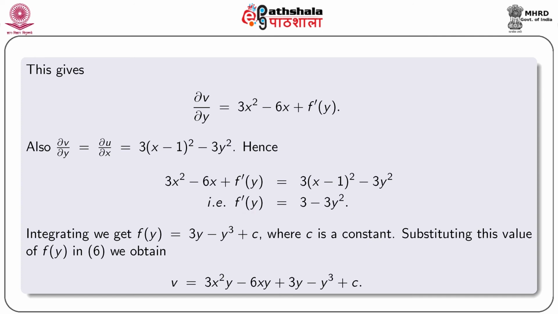So, integrating we get f(y) equal to 3y minus y cube plus c, where c is any constant. So, substituting this value of f(y) in number 6, we obtain our required function v as 3x square y minus 6xy plus 3y minus y cube plus c.